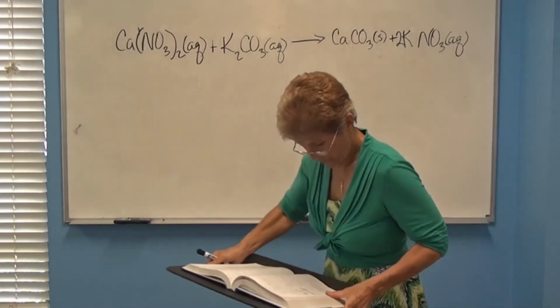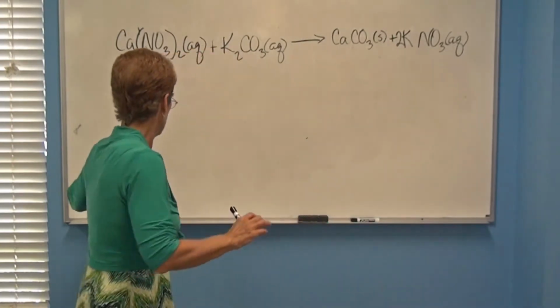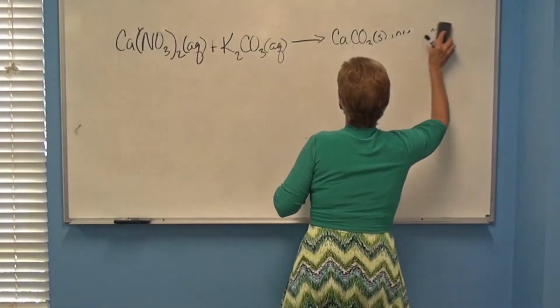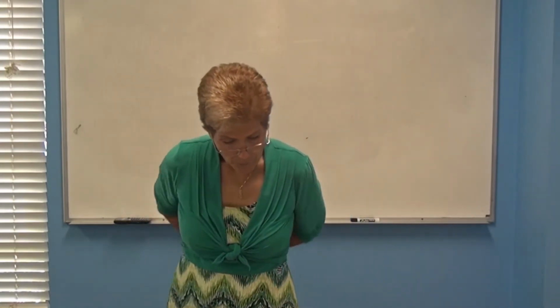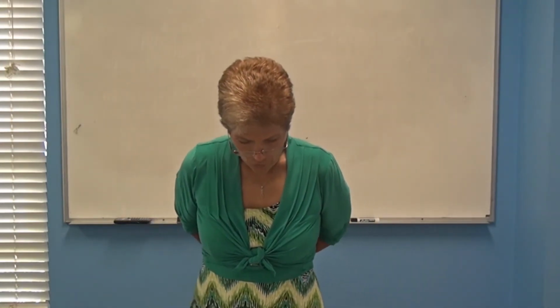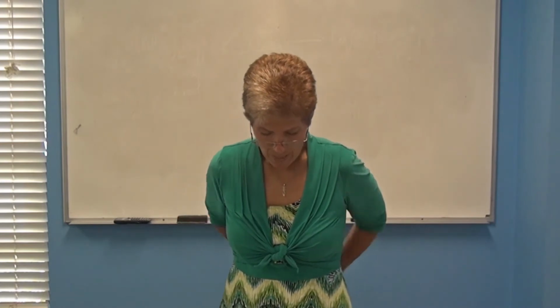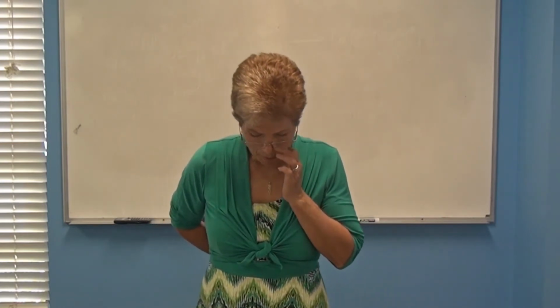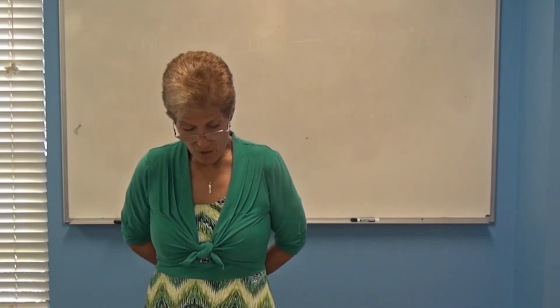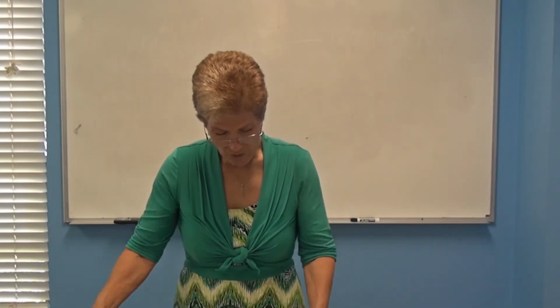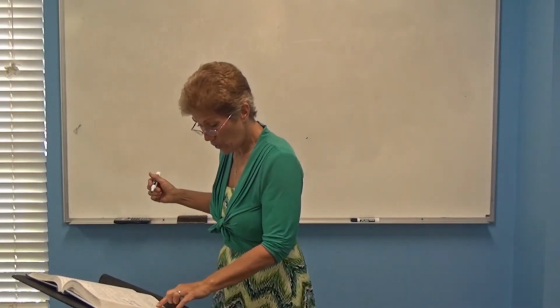Number 12. Let's ditch this because we don't need it. A solution is made by dissolving 100 grams of lithium sulfate in enough water to make 325 mL of solution. What is the concentration in moles per liter? So in the molarity, that's what we're looking for.